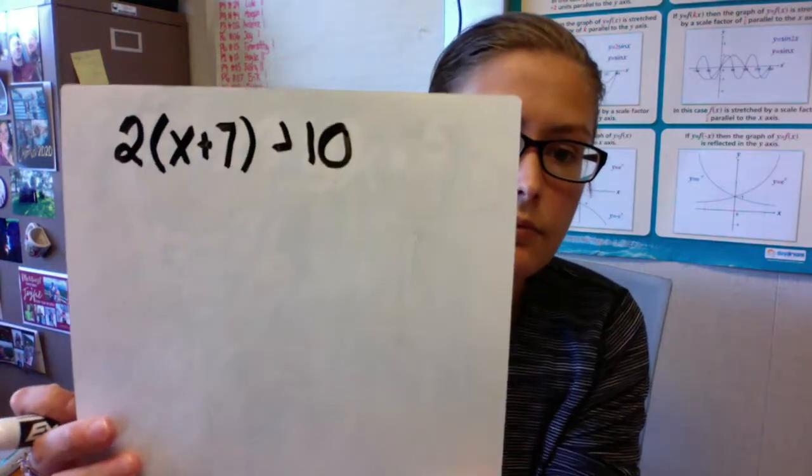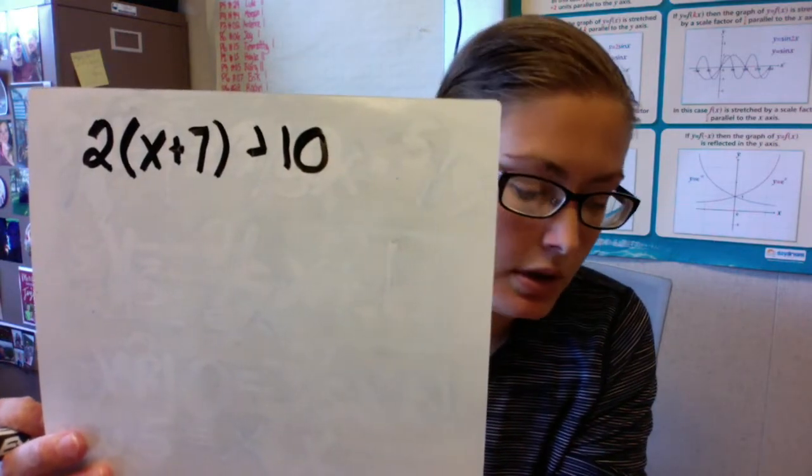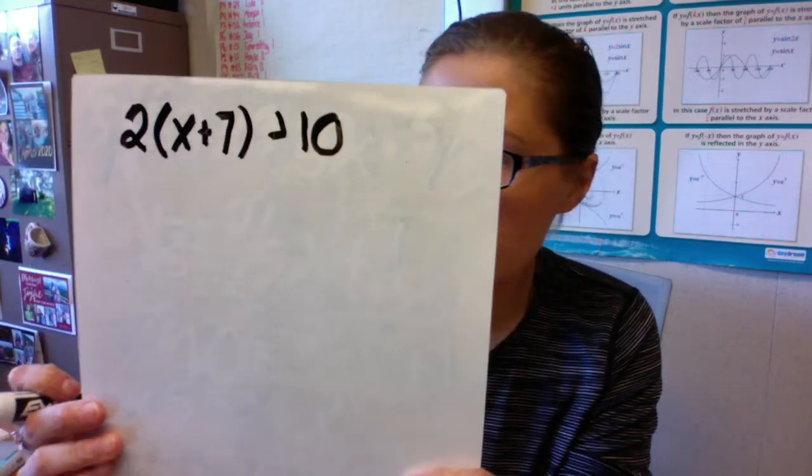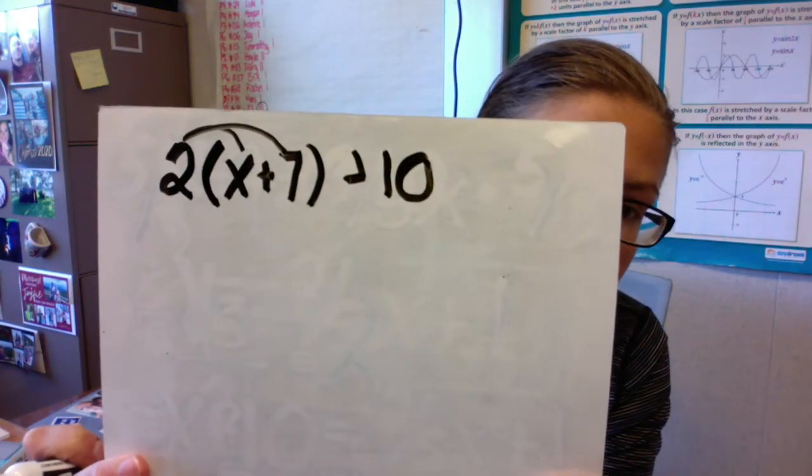First one says solve 2 times the quantity of x plus 7 is greater than 10. We're going to start by distributing the 2. So now we have 2x plus 14 is greater than 10.